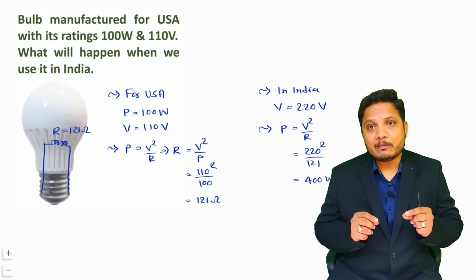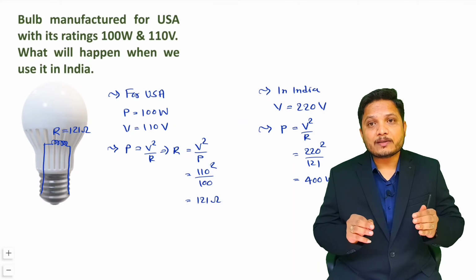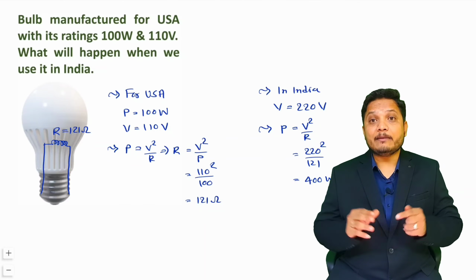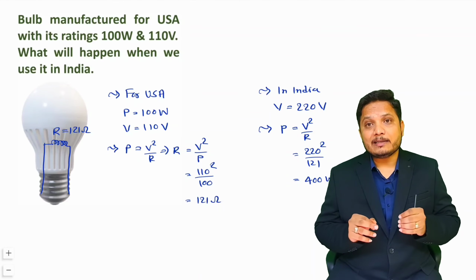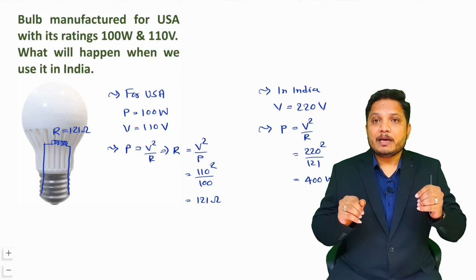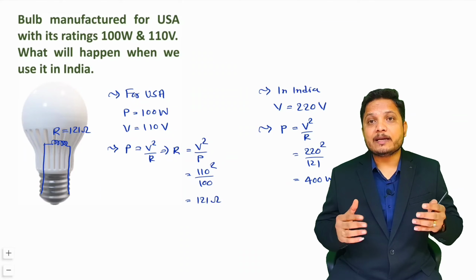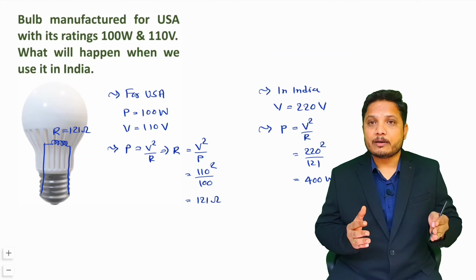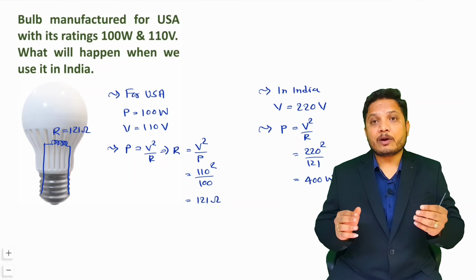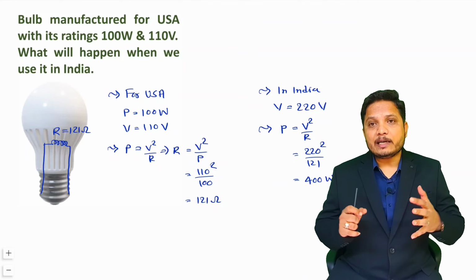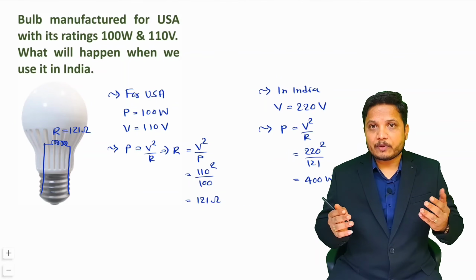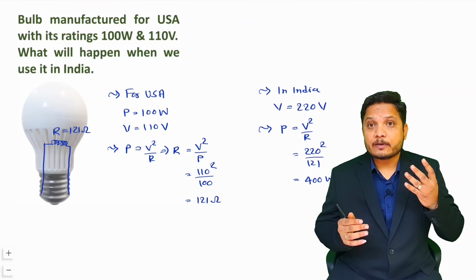If you use the same bulb which is manufactured for USA in India, it may get fused. Why? The reason is it will now be delivering very high power compared to its rating of around 100 watt. Now it will deliver 400 watt of power. So intensity will increase, right? It will increase by 4 times.